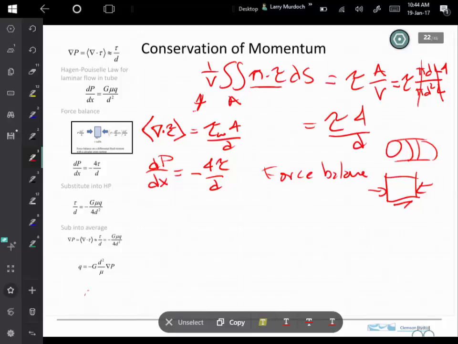Then we can also look at the flow itself through an individual pore. If we assume that it's a cylindrical pore, then we get that the pressure gradient is proportional to the flux times the viscosity.